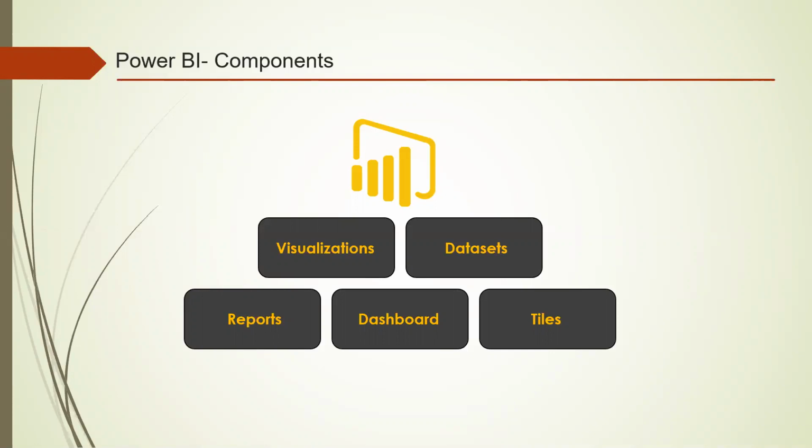A dashboard is a collection of visualizations in a single interface. In a single page, you can see different types of reports from different data sources, or it can be a single data source. And a tile is just a single visualization, for example, a bar graph, a donut chart, or a tree map.